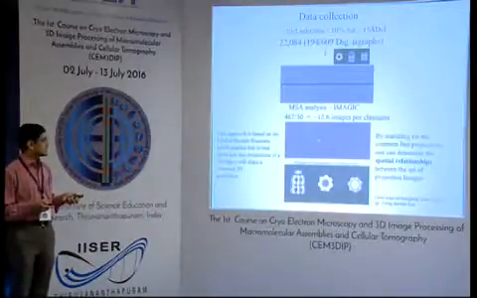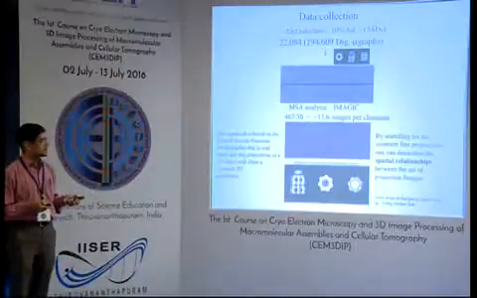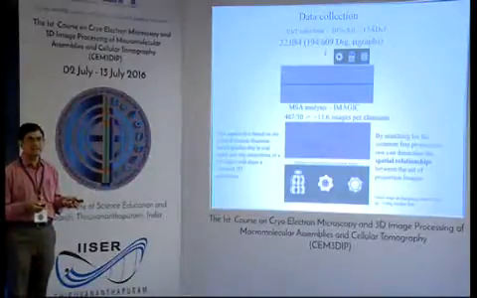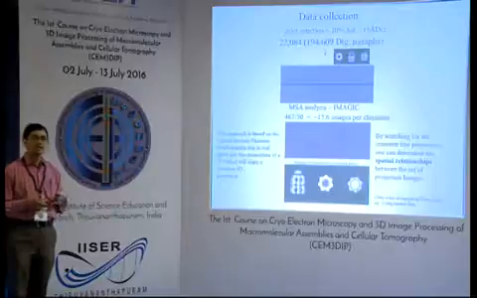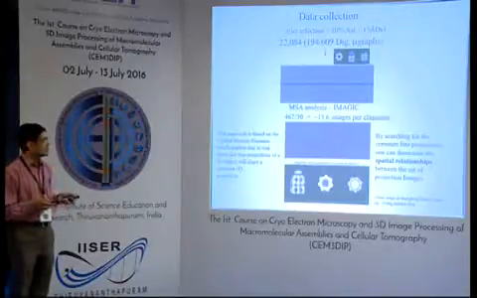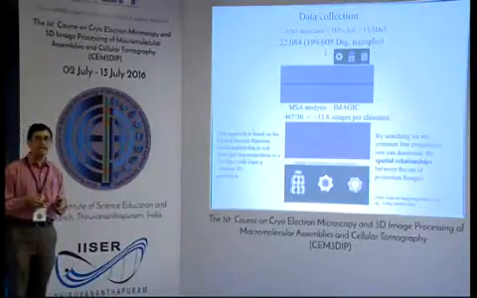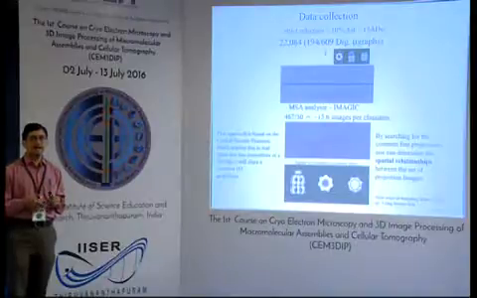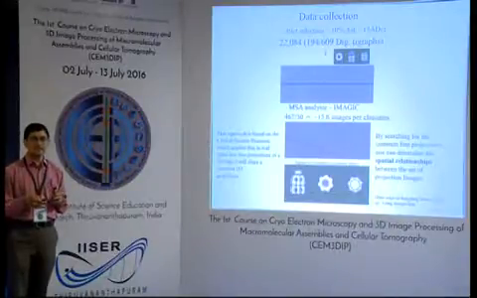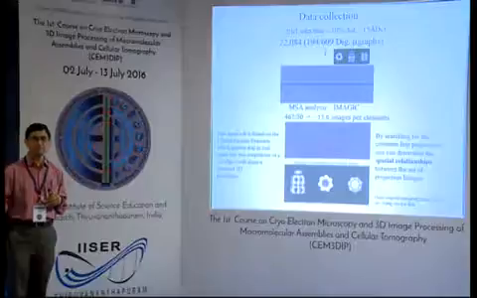Basically the orientation can be assigned with respect to each other by using what is known as the common lines method. I think Elena might be giving more details on common lines, but what common lines basically means is that you have a two-dimensional object, and you compare it with another two-dimensional object.